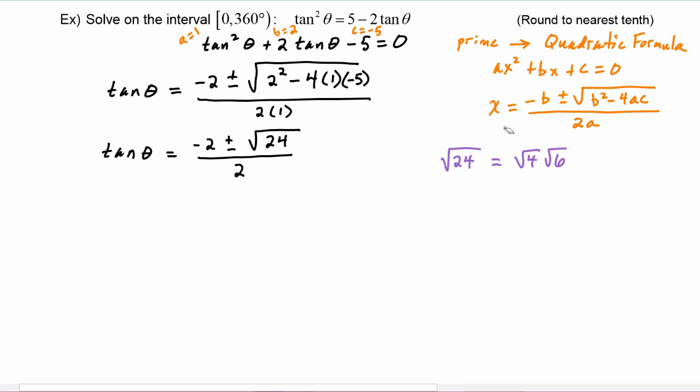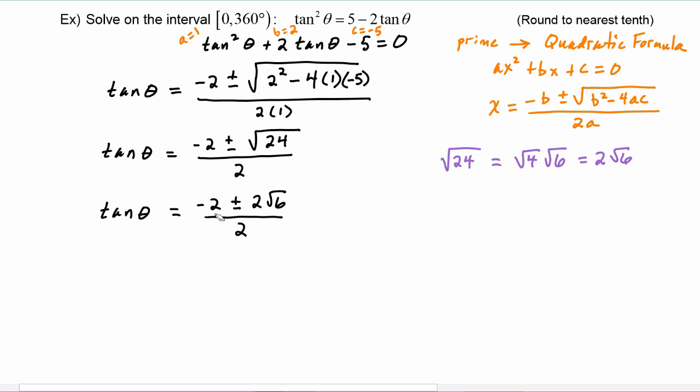Of course, that radical 4 turns into a 2, and then we have to multiply times radical 6. So our equation becomes tangent of theta is equal to -2 plus or minus 2 radical 6 over 2.